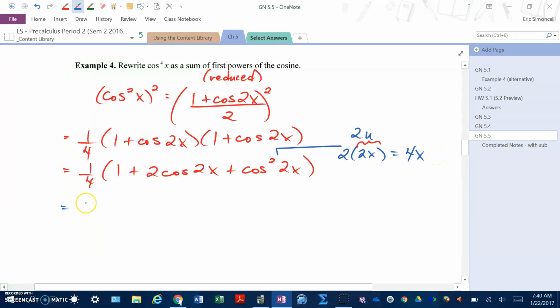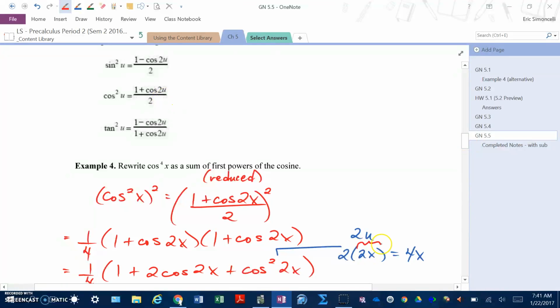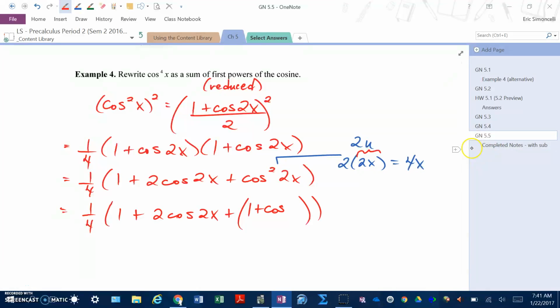So when we do the math in the next step, it becomes the following. It becomes 1/4 times the quantity 1 plus 2 cosine 2x, and then this quantity becomes 1 plus cosine, and again, instead of us using 2u, we're using 2 times that u, in this case 2 times 2x, so 4x, and that's all over 2.